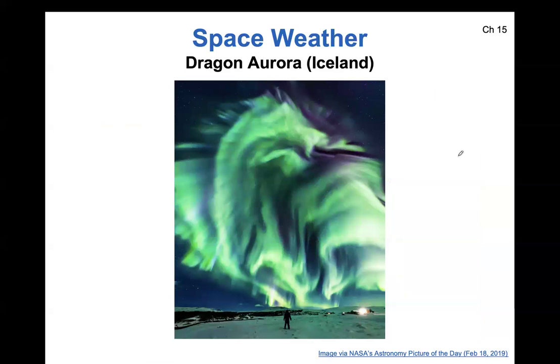Here is a picture of a so-called dragon aurora in Iceland, because it looks like a dragon, vaguely. But they can be quite dramatic. The different colors correspond to different molecules in the atmosphere, or different excitation levels within a given molecule, but usually different molecules themselves.